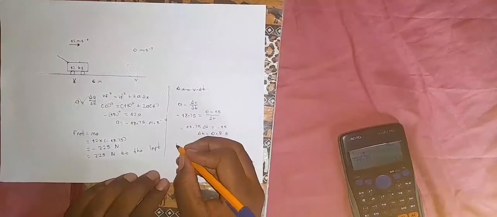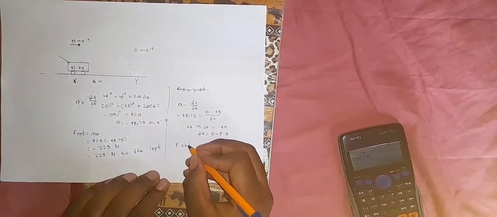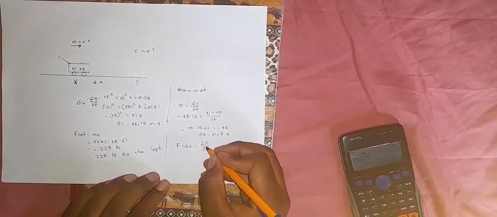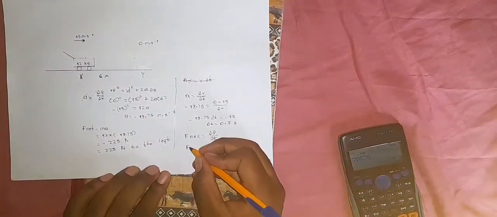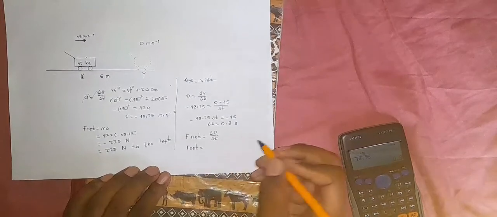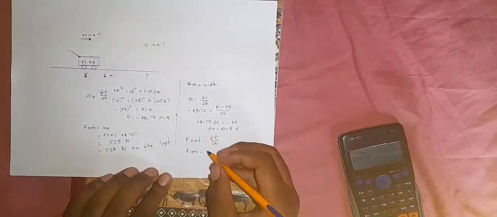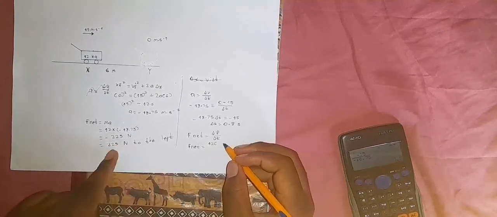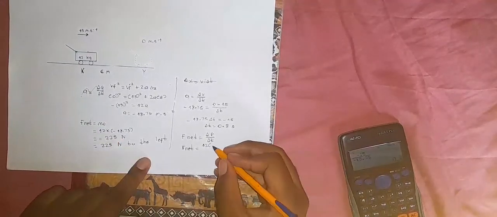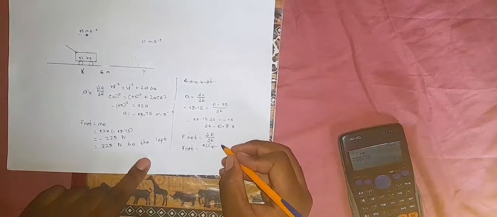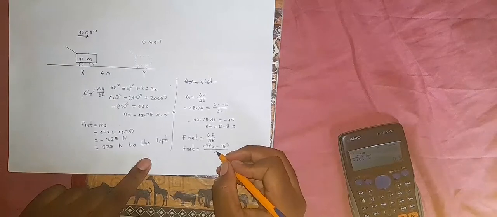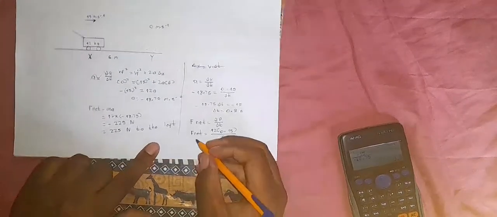And now you use your equation, F net equals the change in momentum over the change in time. So F net equals the mass, which is 12, times the final velocity, which is 0, minus the initial velocity, which is positive 15, over the change in time, which is 0.8.